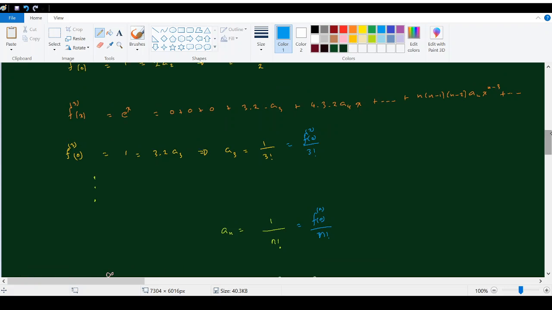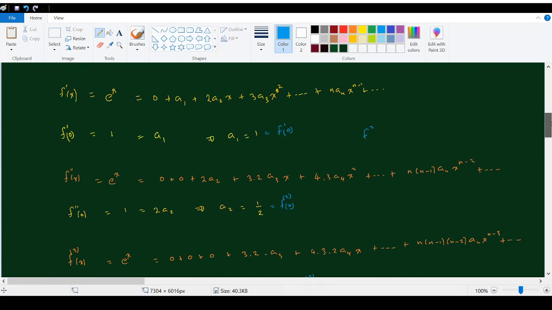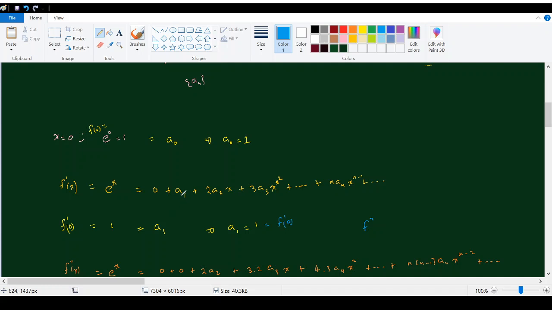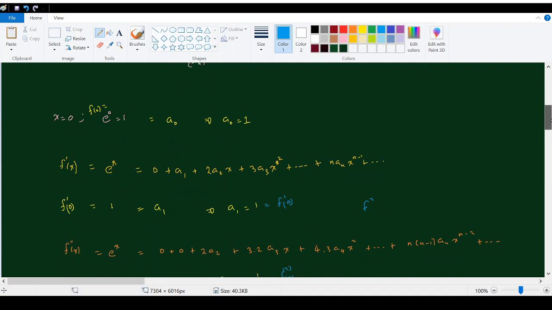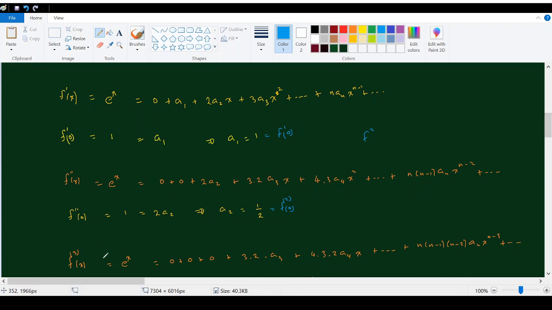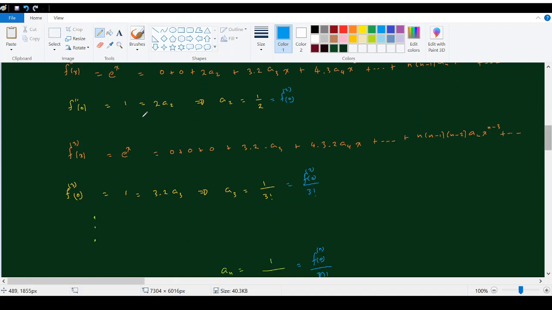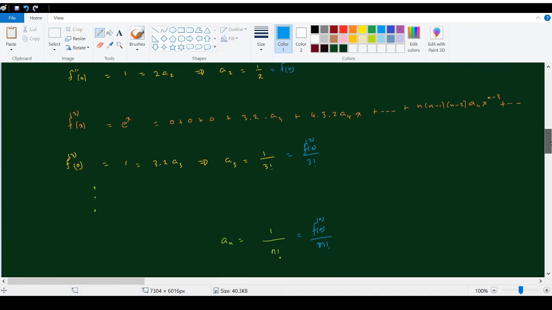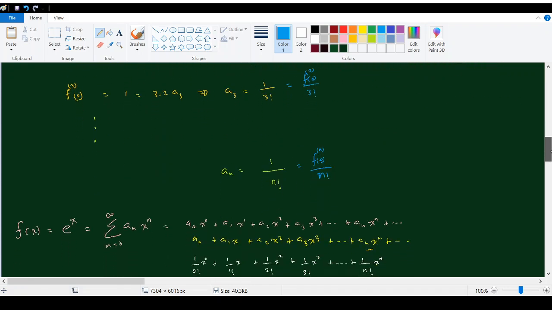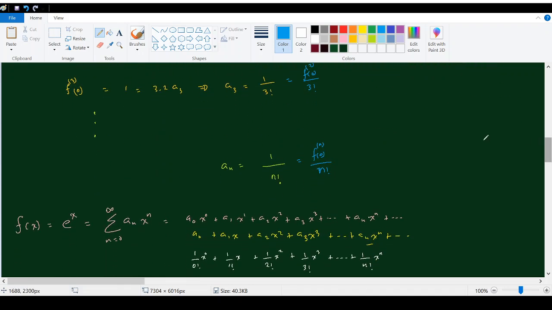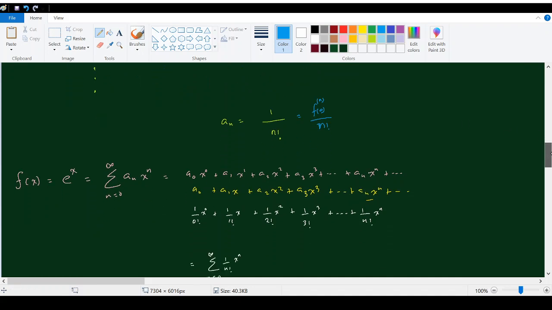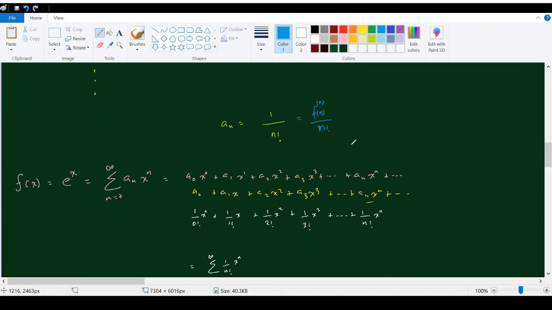So now remember, our main goal was to find these constant values, right? The coefficients of xn terms, right? And through this calculation, we were able to figure out the values of those coefficients, right? And not only that, we were able to even derive a certain specific formula for the nth general term, right?